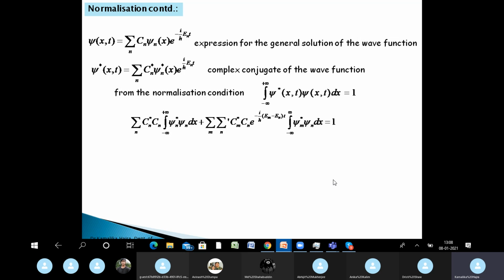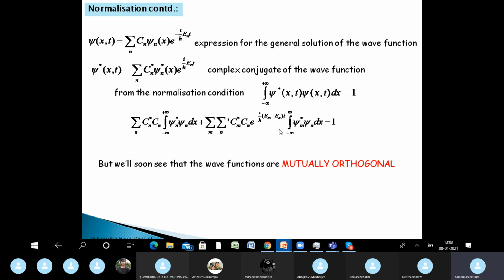Okay, but life is not as complicated as this expression looks like. You might think that what are these expressions ma'am has written? How are we going to solve these? We will soon see in the next slide that wave functions are mutually orthogonal. What does that mean?